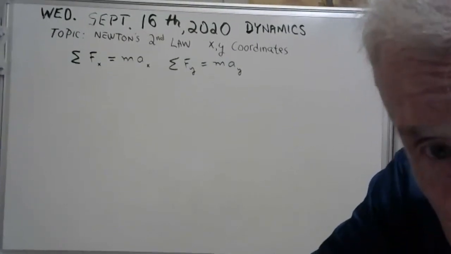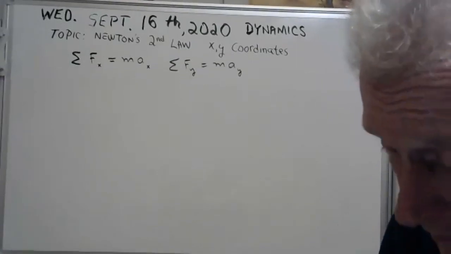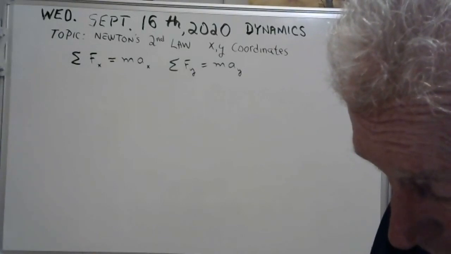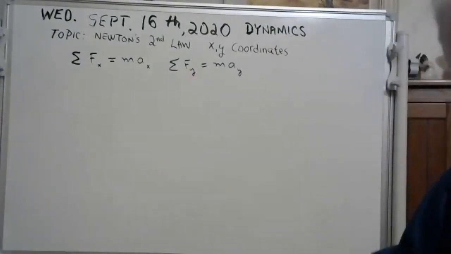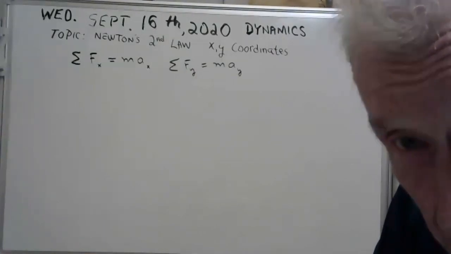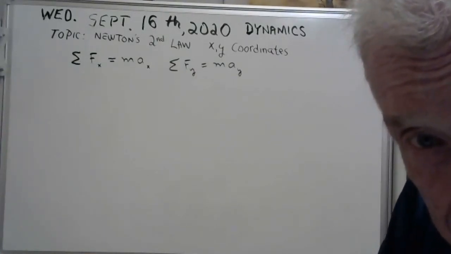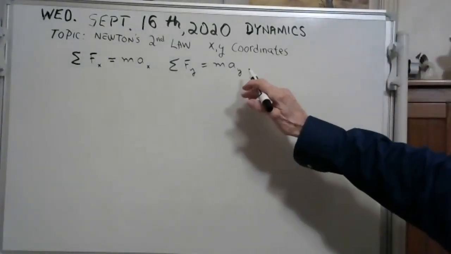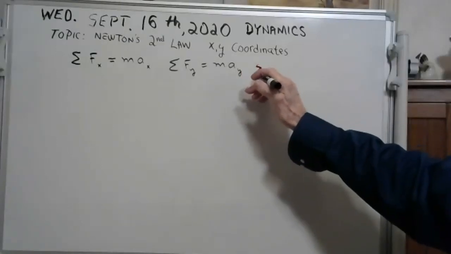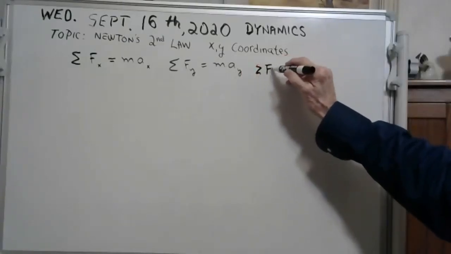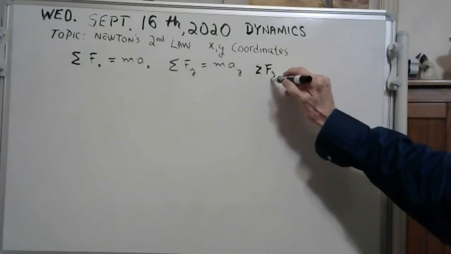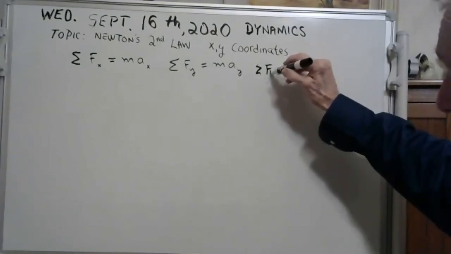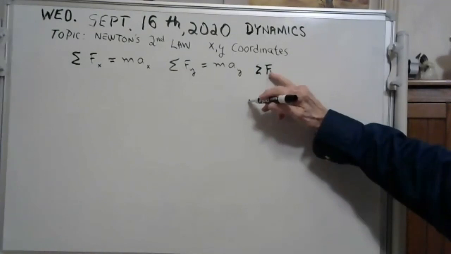All right, well, let's just launch into some examples. I think the best way to do this is just to work problems. That's the theory. There's no use spending a lot of time on that theory. Now, if you have 3 dimensions, you could have a z, a sum of the forces in the z direction. I'm no good at drawing z's.